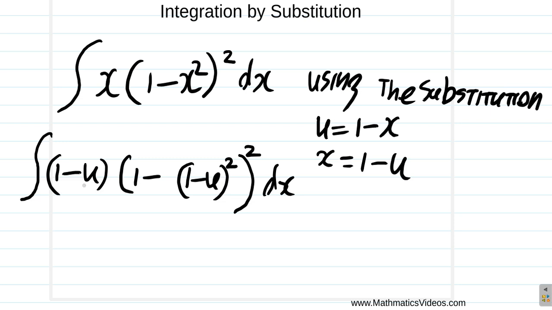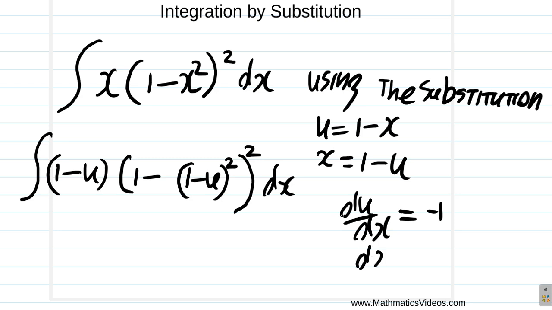But we have here a function of u dx. We want a function of u du. So let us find out what du would be. If we differentiate this, du by dx would be equal to negative 1.